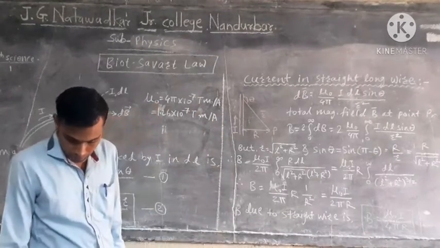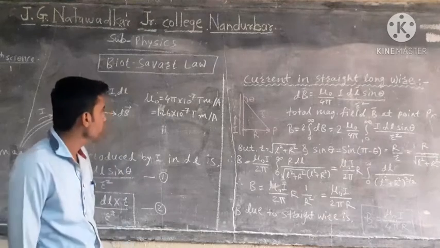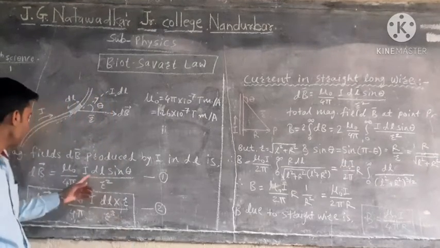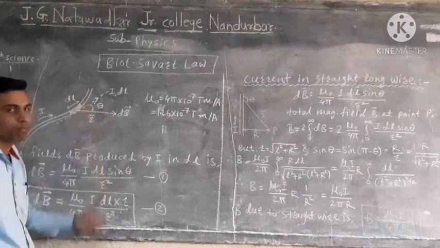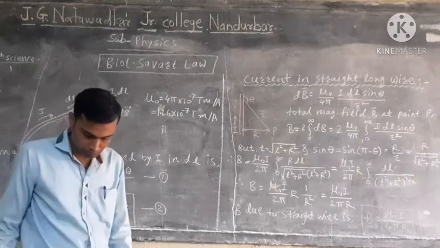So this is the unit for mu 0, the constant used in our term dB, the magnetic field for each infinitesimal length of a wire.